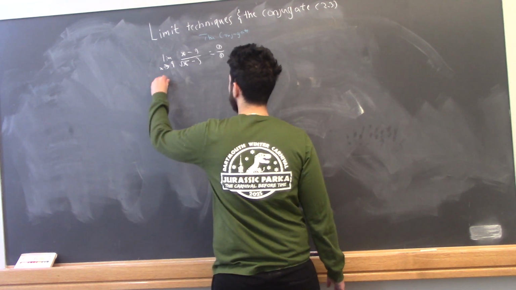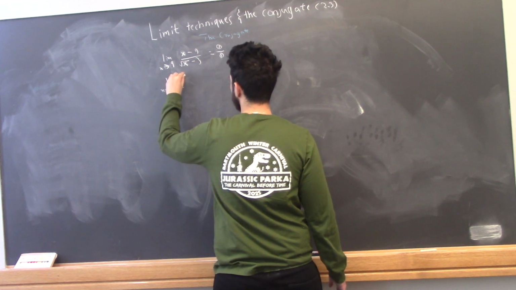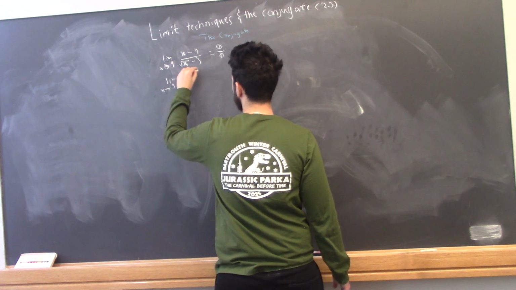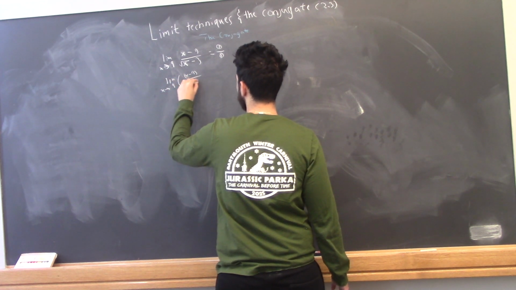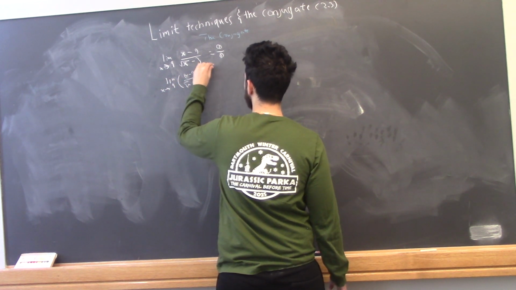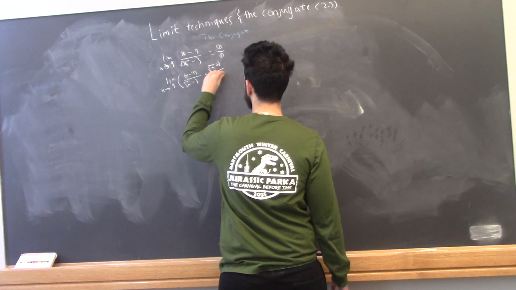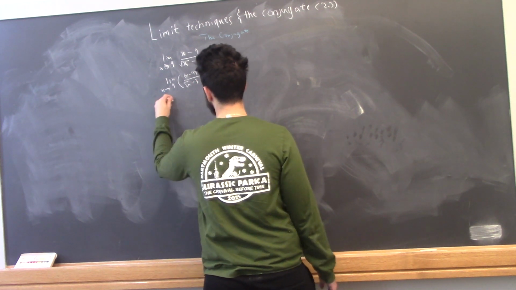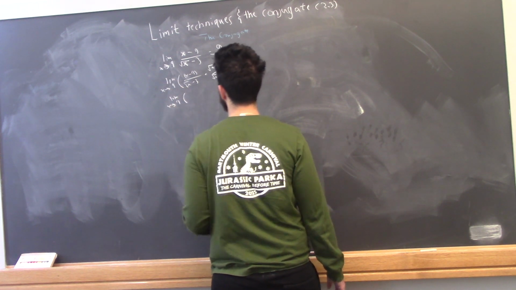Well, conjugate time. Limit, x still goes to 9 of x minus 9 over square root x minus 3 times square root x plus 3 over square root x plus 3. Same limit, right?